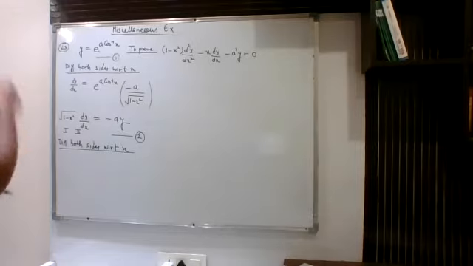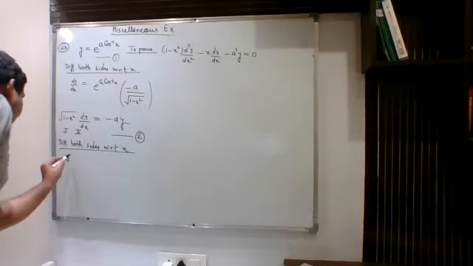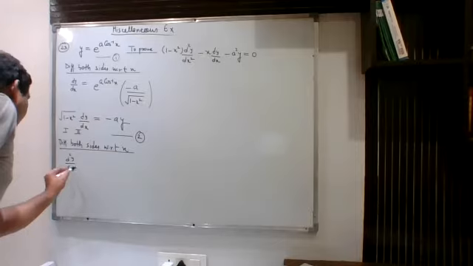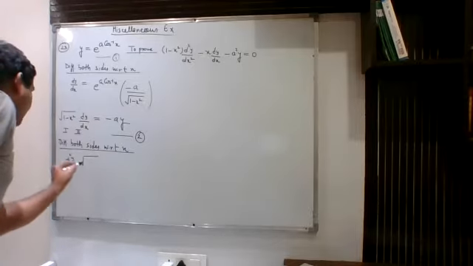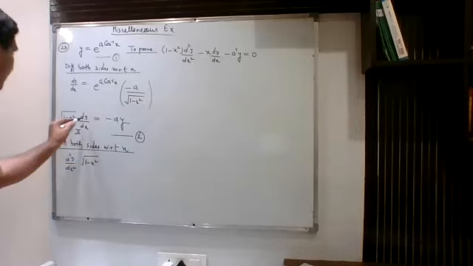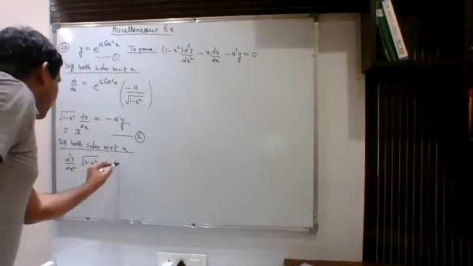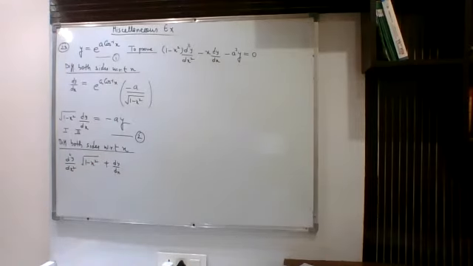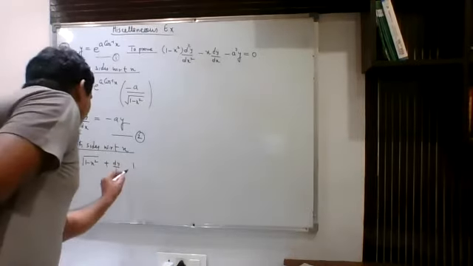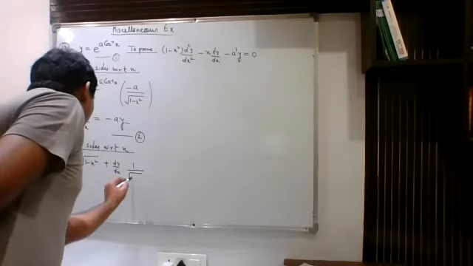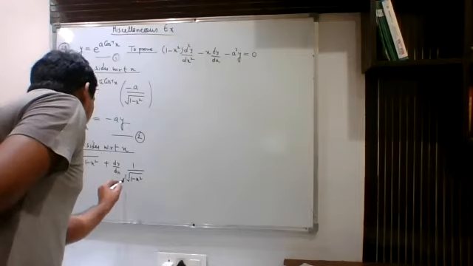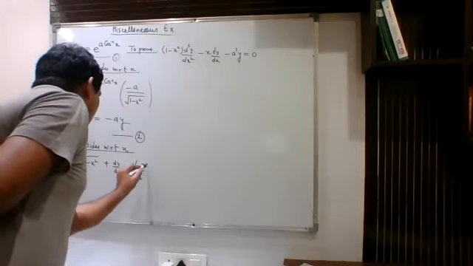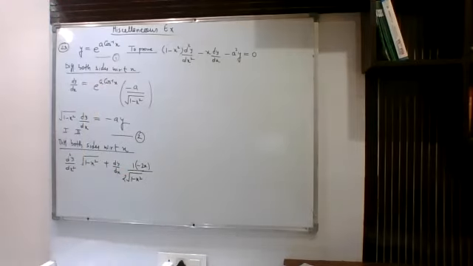So it will be the derivative of the second function, which becomes the double derivative. Keep the first as it is, and keep the second function as it is, and take the derivative of under the root of 1 minus x square. So when you take the derivative, it will be 1 upon under the root of 1 minus x square into minus 2x.